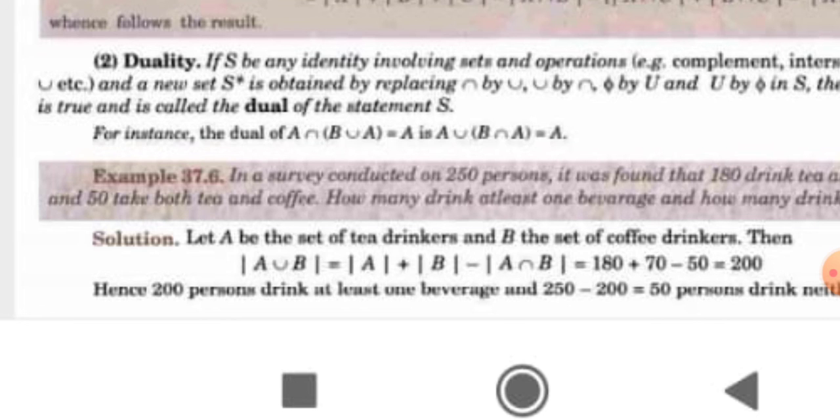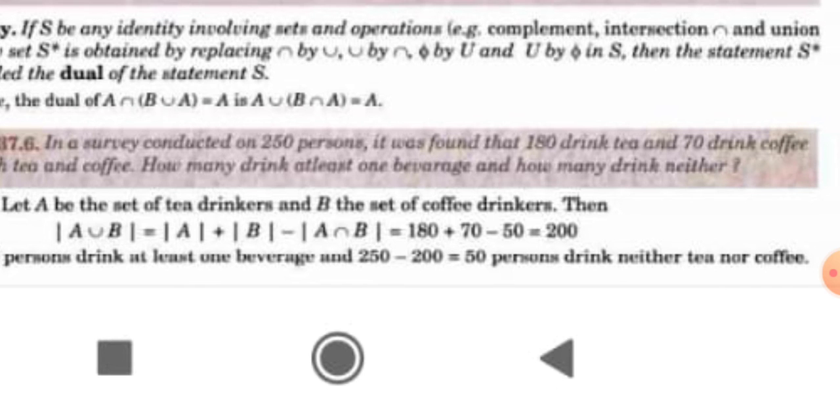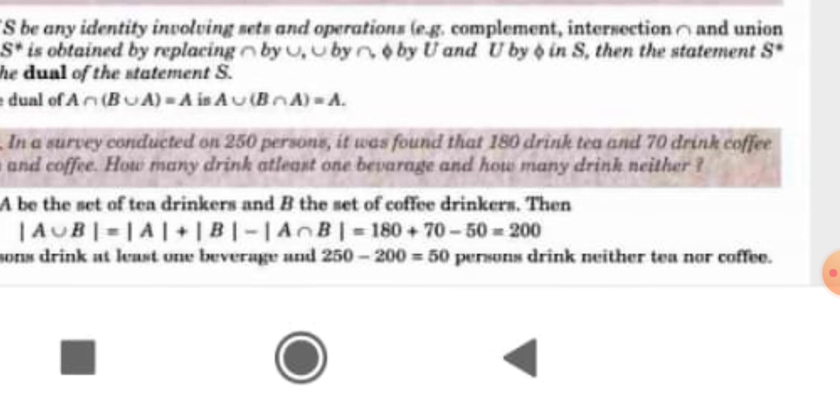So by the formula, cardinality of A union B is equal to cardinality of A plus cardinality of B minus cardinality of A intersection B, and putting these values, hence 200 drink at least one beverage, and 250 minus 200 is equal to 50 drink neither tea nor coffee.